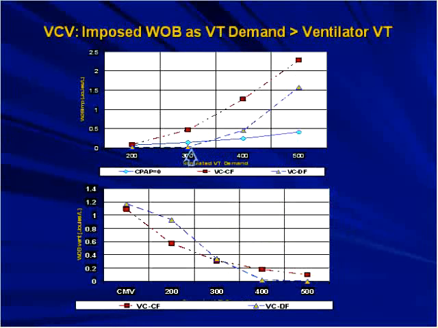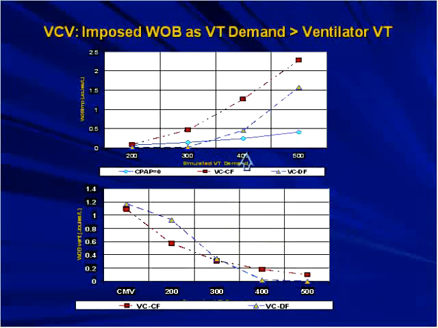And by using a decelerating flow, where we increase the flow rate at the very beginning of the breath when effort is maximal, we can offload that. But once we get above 100%, the imposed work starts going way, way up. So the fact of the matter is that when the tidal volume demand of the patient exceeds what we have set on the ventilator, remember, in volume control, it's trying to maintain a constant tidal volume breath by breath.